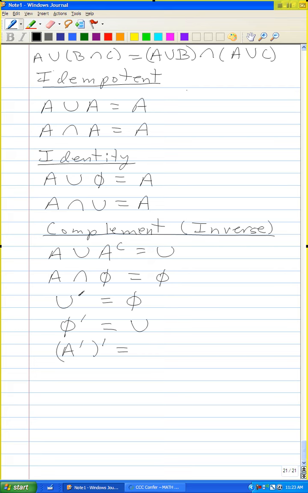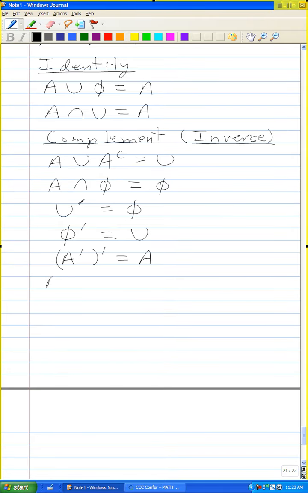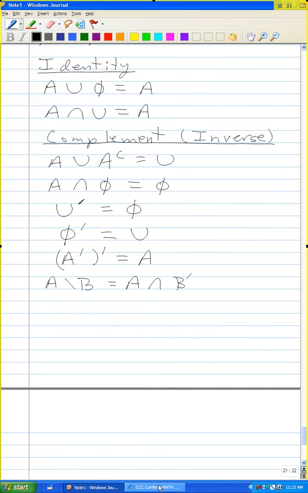The opposite of the opposite is the original. Okay. Oh, and I guess you should note the following. This is the same as A intersect the complement. Okay, right.